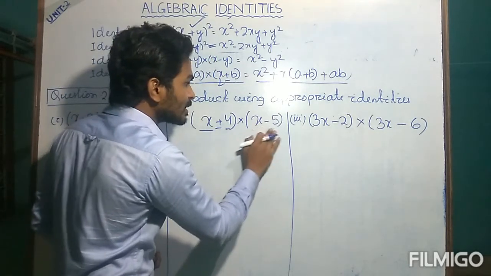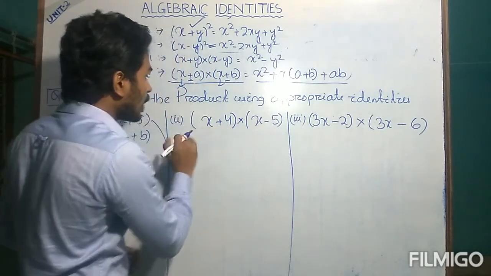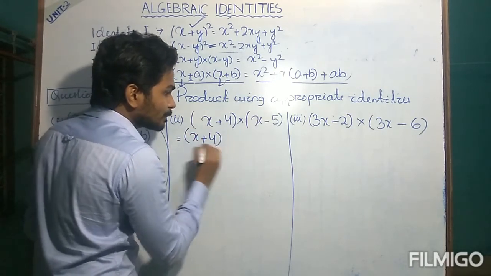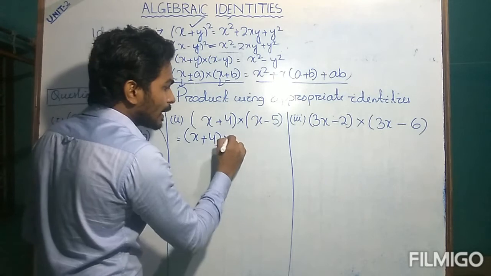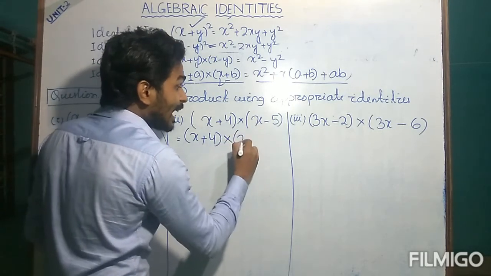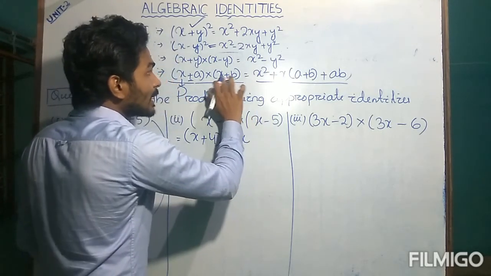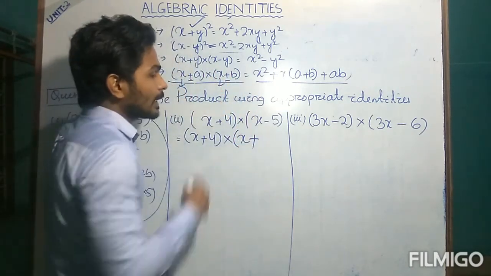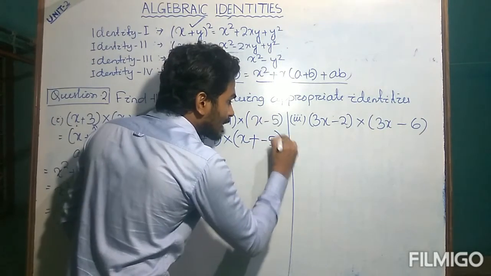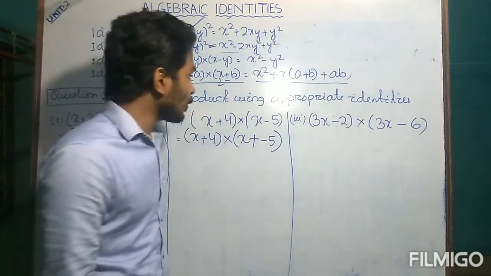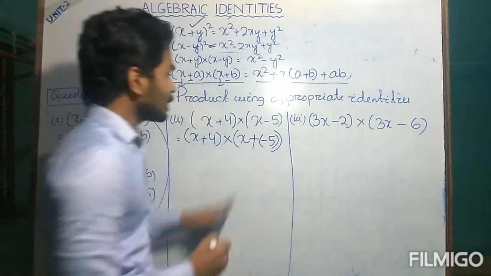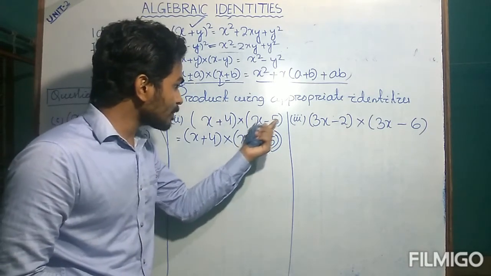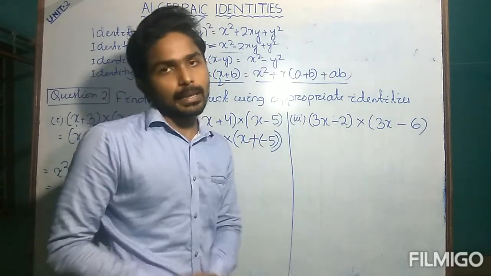How can we convert this minus into plus? See how I am converting it. It is written as x plus 4. There is no need to change anything. But here we need a plus sign in between x and b, so we have to write plus here. So I can write minus 5. Yes or no? Yes, because plus minus is minus. So I can write x minus 5 as x plus of minus 5.